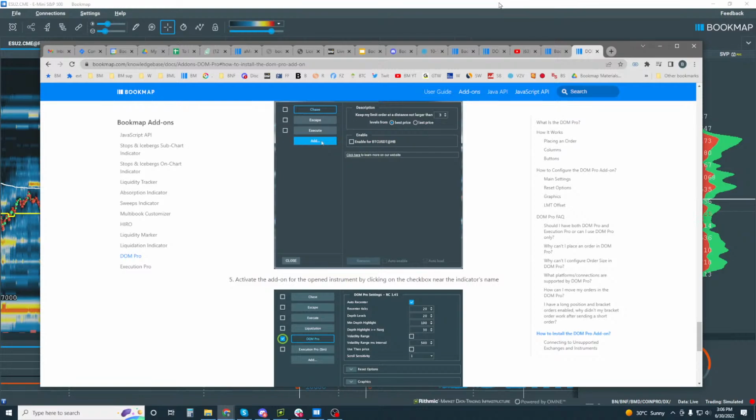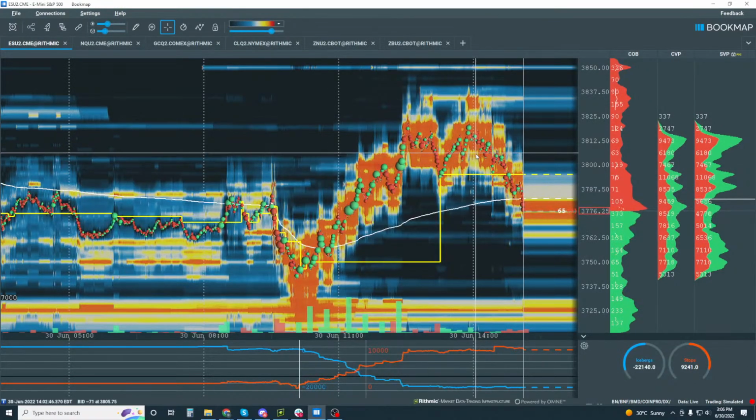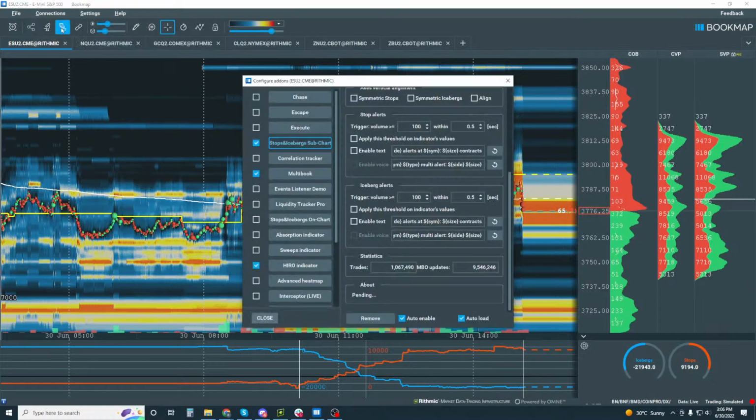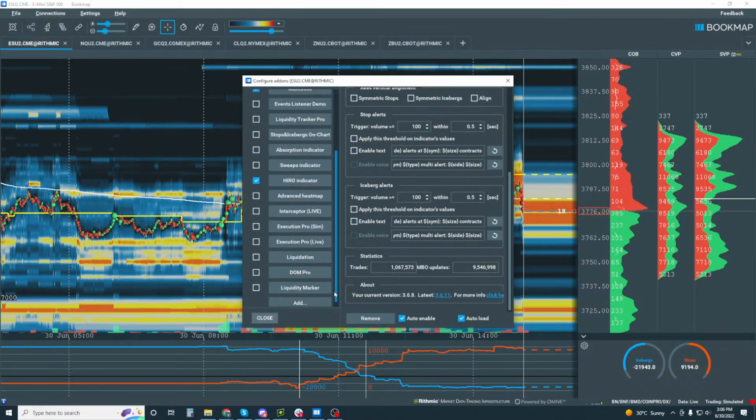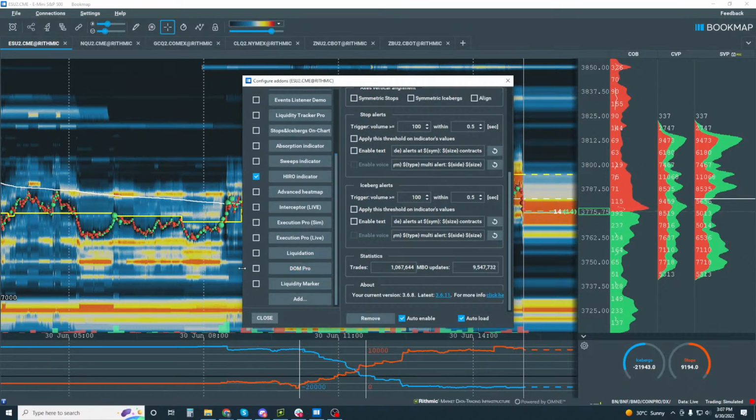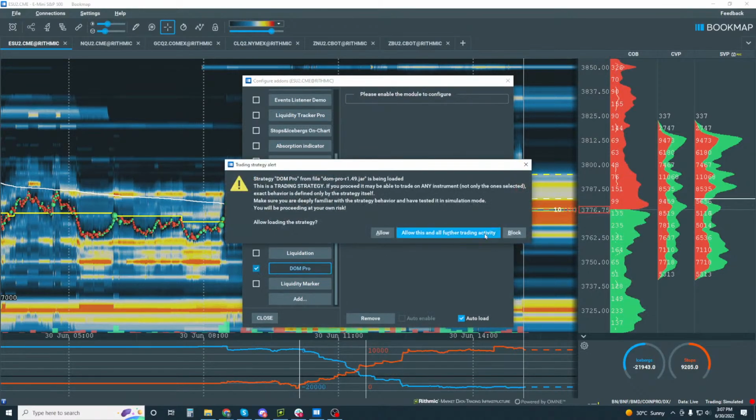Now let's just jump right in and take a look here. The Dome will add through the add-ons configuration here, and I've already added it. So we scroll down here. Here it is right here. Let's add it to the chart. So I'll select it, and then right away I need to accept the risks.